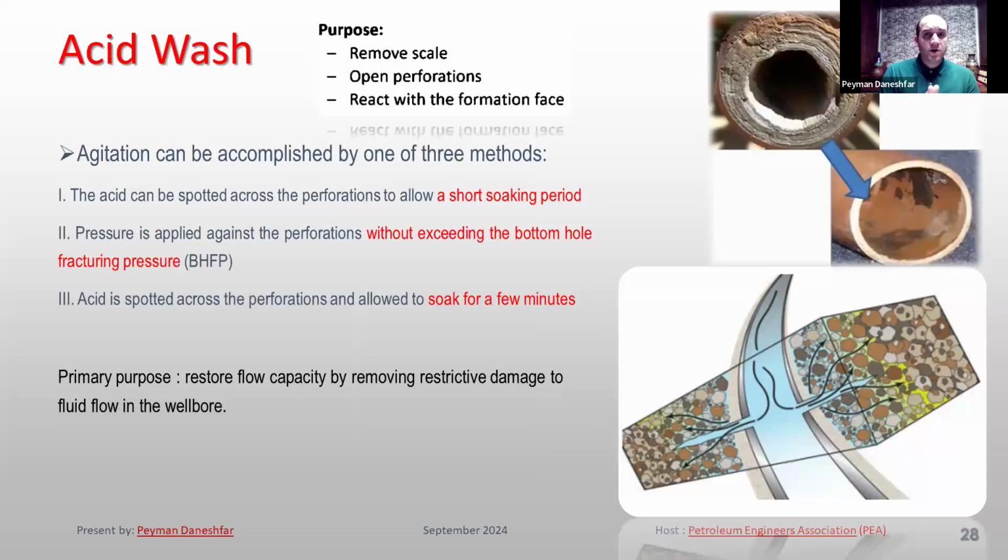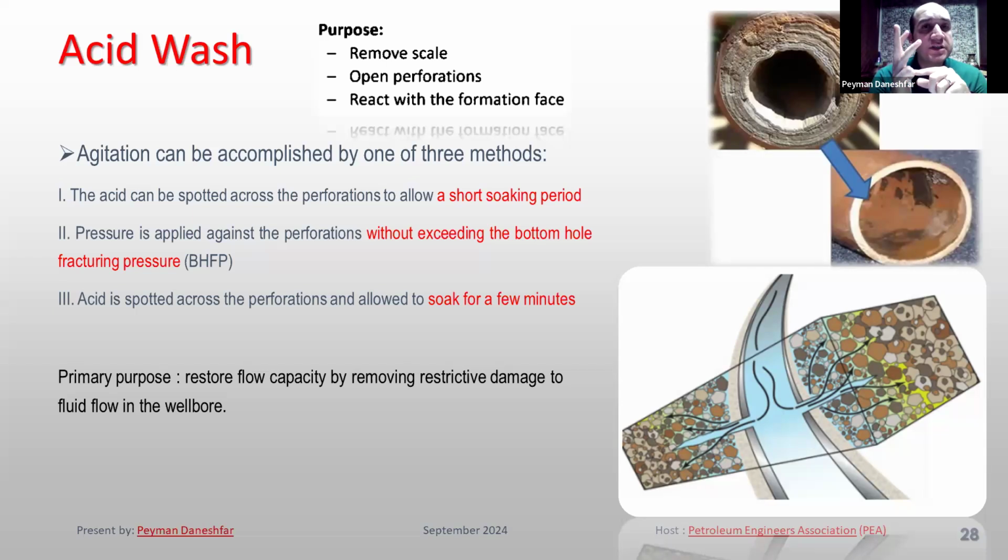For the acid wash, if you see the slides, when you have calcium carbonate as a scale type, we can use the HCl acid to clean that, because it will be dissolved in acid. And we have these three types of acid wash or soaking agitation.